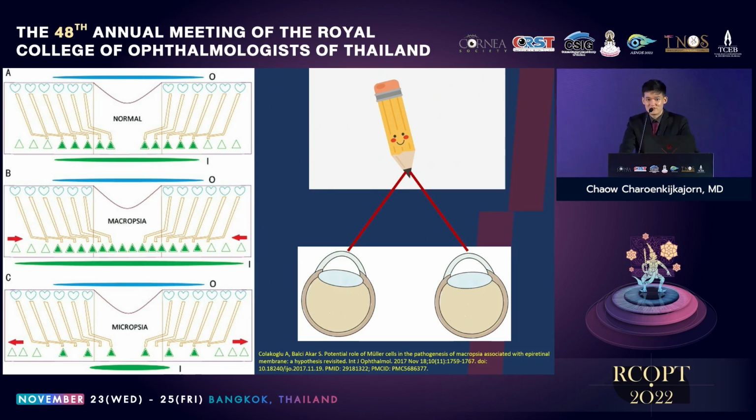So when it hits 15 photoreceptors, the brain is going to think, oh, the object must be very big, because this time it hits 15 photoreceptors. So that's macropsia. And it's also true the other way around: if the photoreceptors become too far apart, this time it will hit only 6 photoreceptors, and the brain is going to think, oh, the object is so small, it hits only 6 photoreceptors. And this is how a retina problem produces aniseikonia.